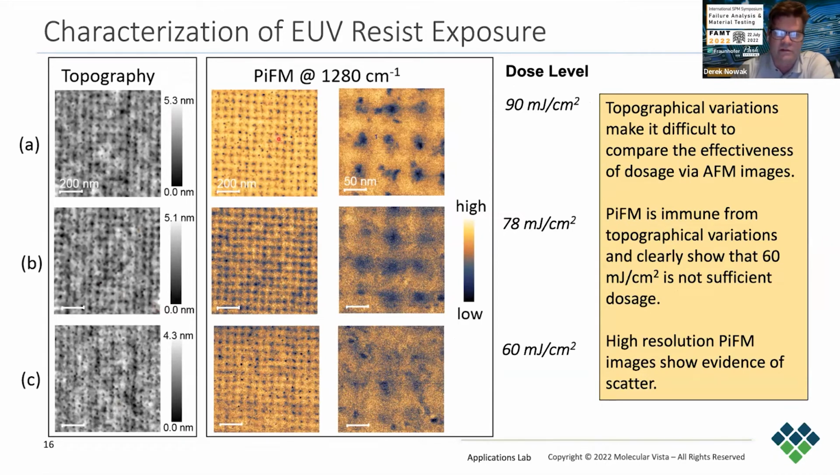If we start to again look at the PiFM at the 1280, we can see as the dosage level increased, a stronger contrast in those pits that were exposed. And then again, trying to give us more information on what's happening there beyond just the topographic lay of the land.